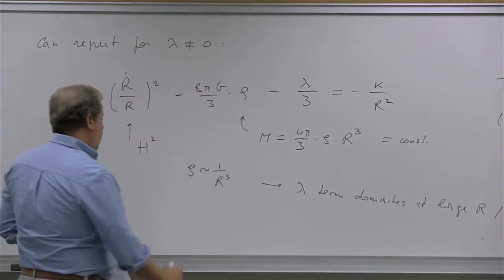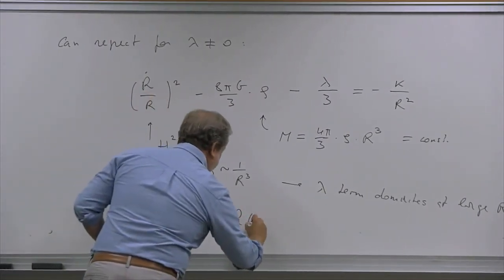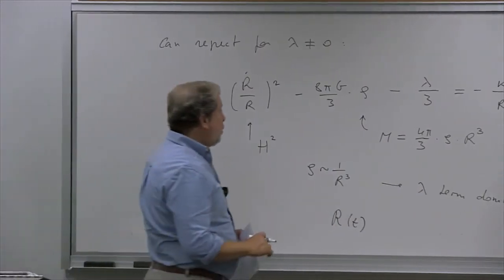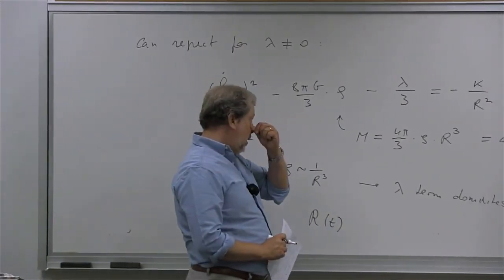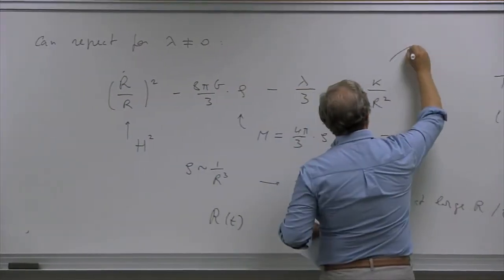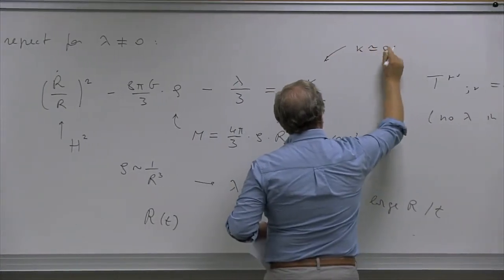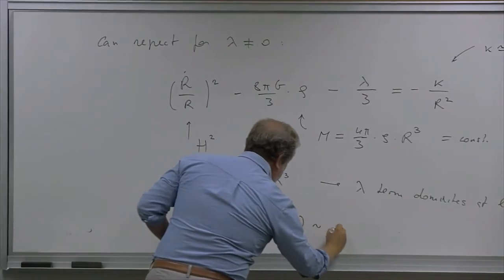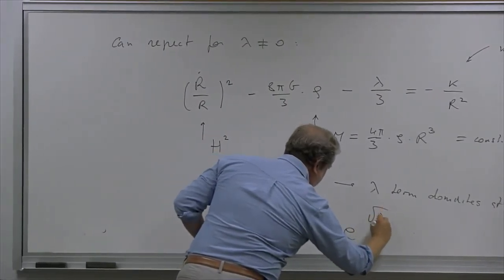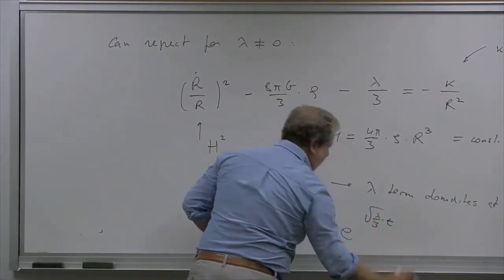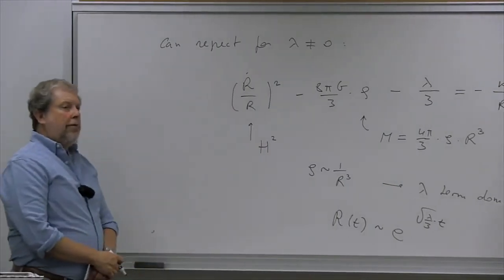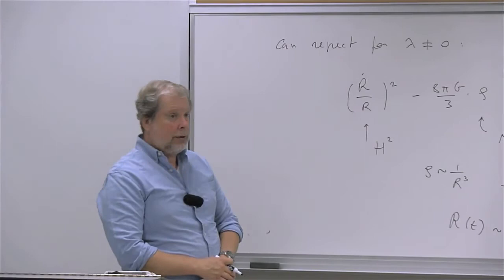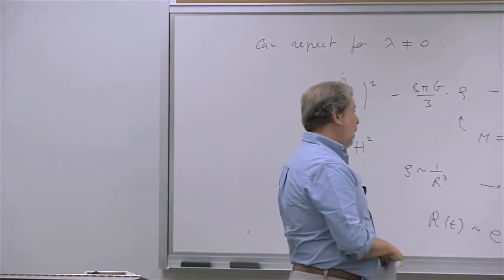And so when the scale factor is large or the time is large, you can integrate this equation immediately. As I said, also k is essentially 0 from observation, so we can take that to be 0. And so r of t then goes like e to the square root of lambda over 3 times t. So in fact, the lambda term gives an exponential expansion of the universe. Very rapid.